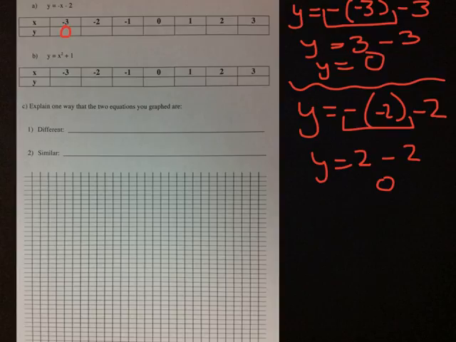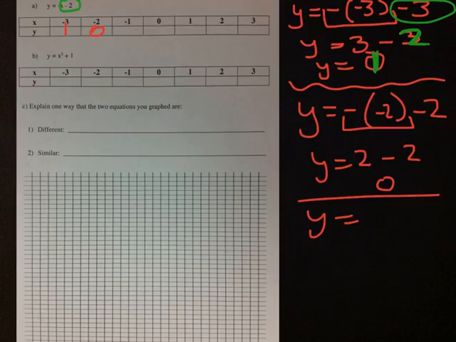If you look up above, I wrote minus 3, but the equation is supposed to be minus 2. So that should be 3 minus 2, which is 1. I apologize for that. So when x is negative 3, the y value is 1, and when x is negative 2, the y value is 0.